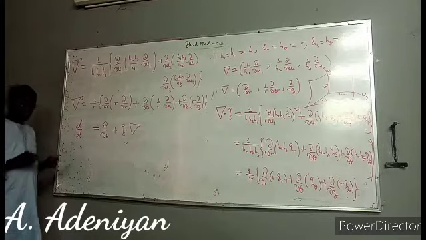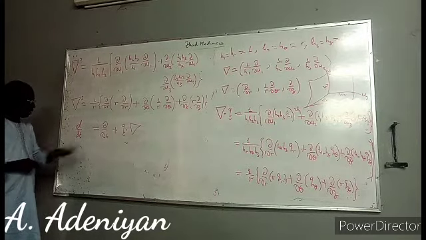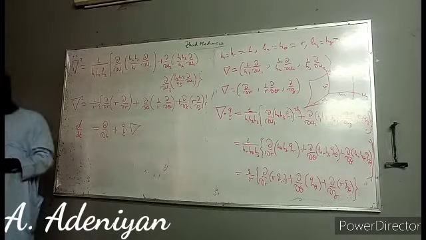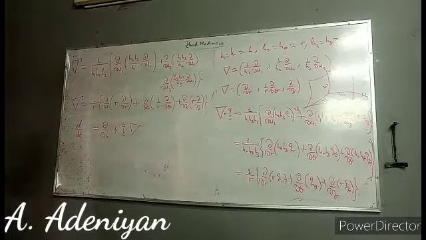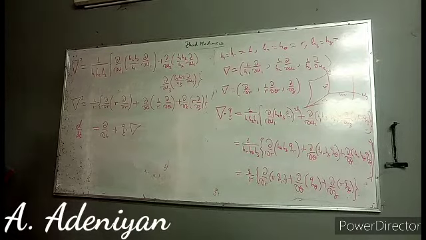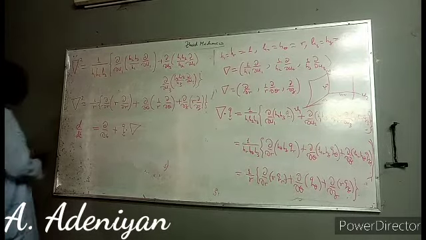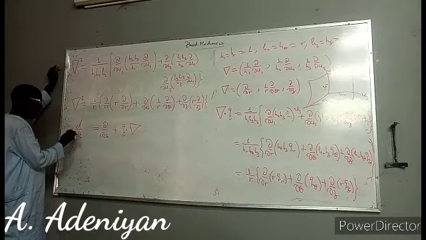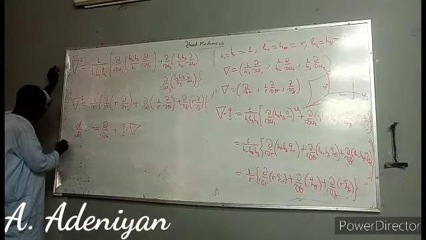This is the material derivative. This one is the local derivative, and this one is the convective part. So how do we do it? If you recall very well, this can be expanded in a rectangular coordinate system.